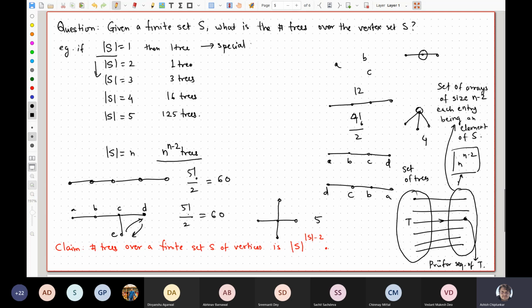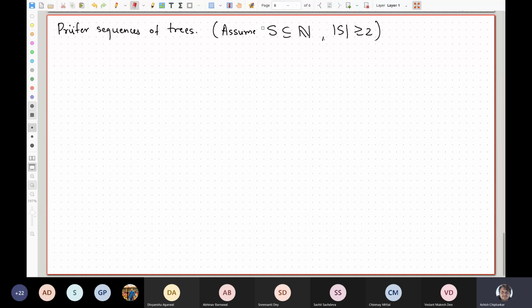Obviously we are taking S as a vertex set of something, which means S is finite.